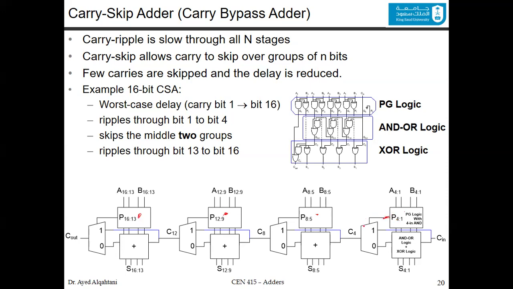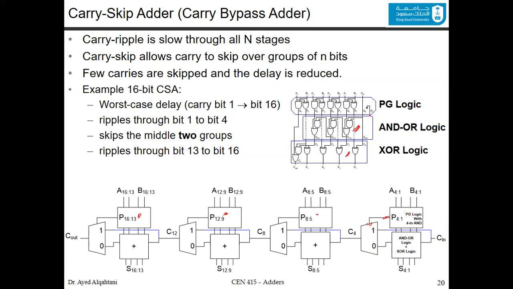And this would be your selector for this multiplexer. Now, this multiplexer is the one that we just explained. Either you skip or you do the simple ripple, where you have AND-OR logic. This is the AND-OR logic. And you have the XOR logic, which is this.